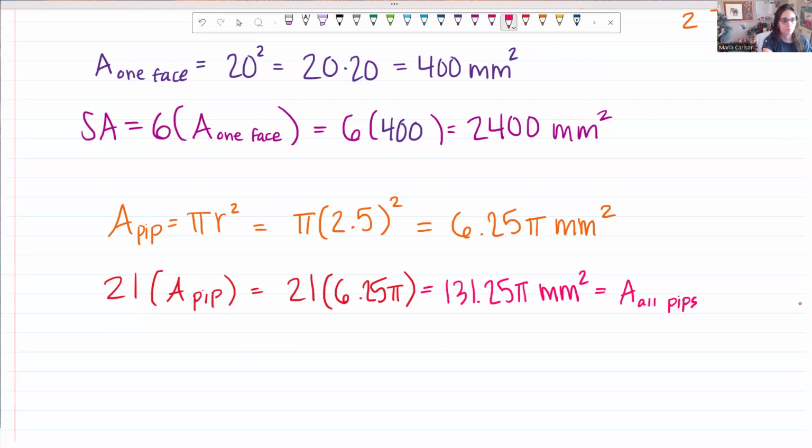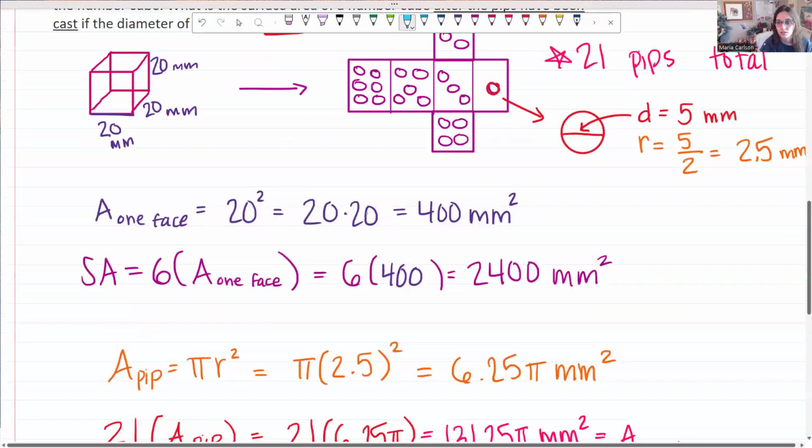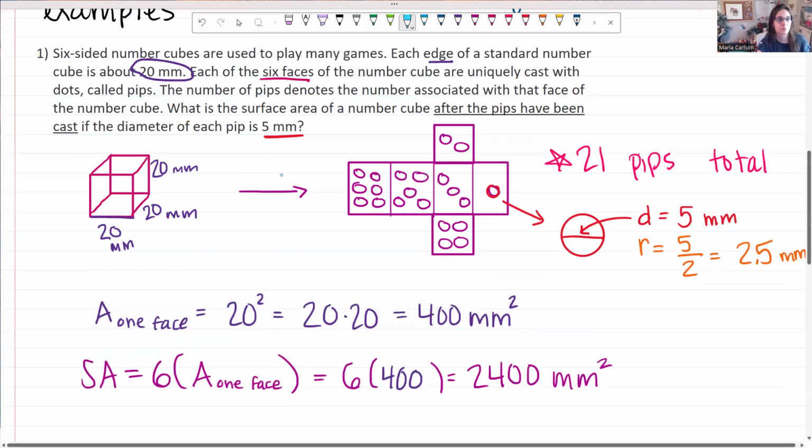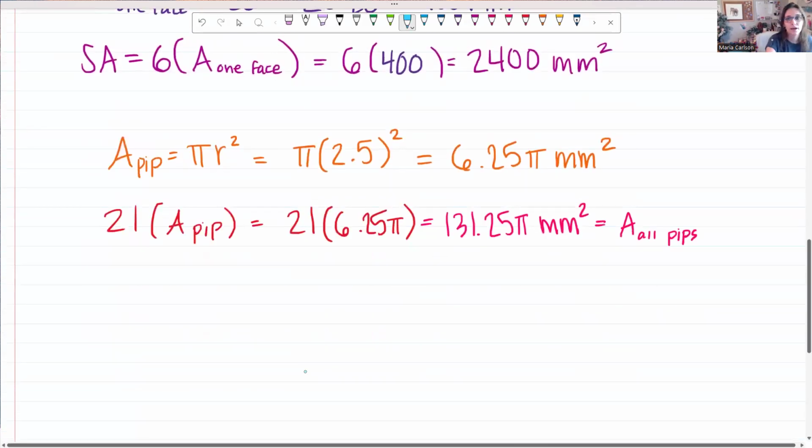Okay, so putting this together, I'm going to find our surface area that we wanted to find, right? After we take away the pips, what is the surface area of a number cube after the pips have been cast? So I'm going to take those away.